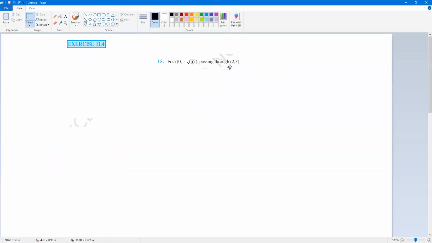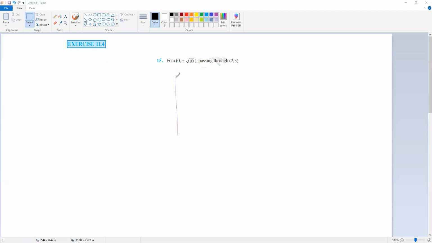And last one, इधर देखो 4c दिया है 0 comma root 10, 0 comma minus root 10. तो हमें पता है it is vertical transverse axis.